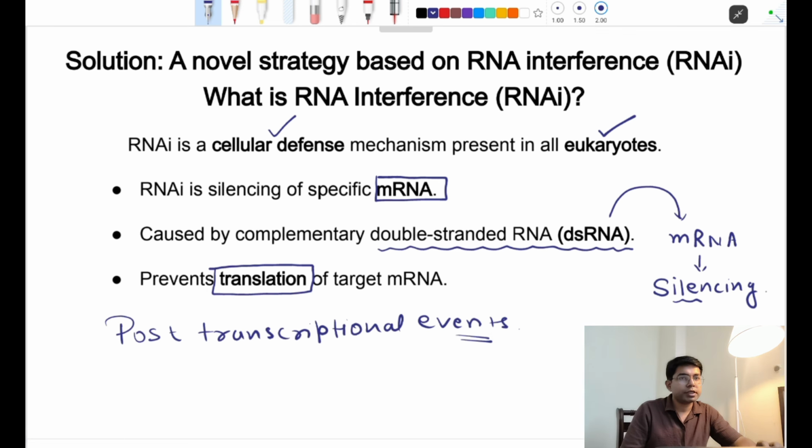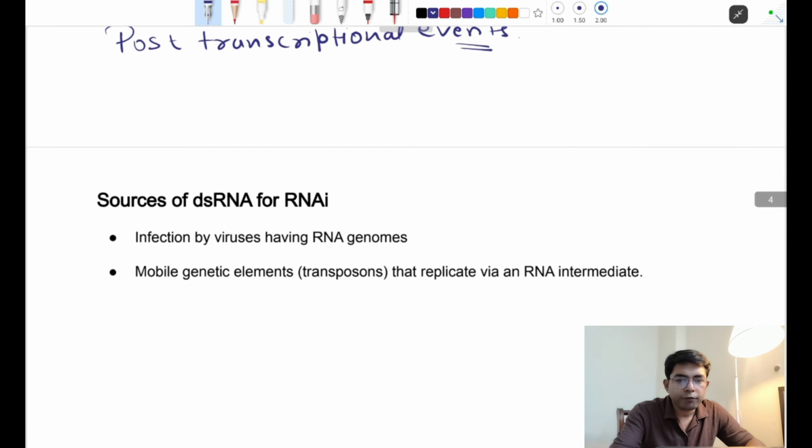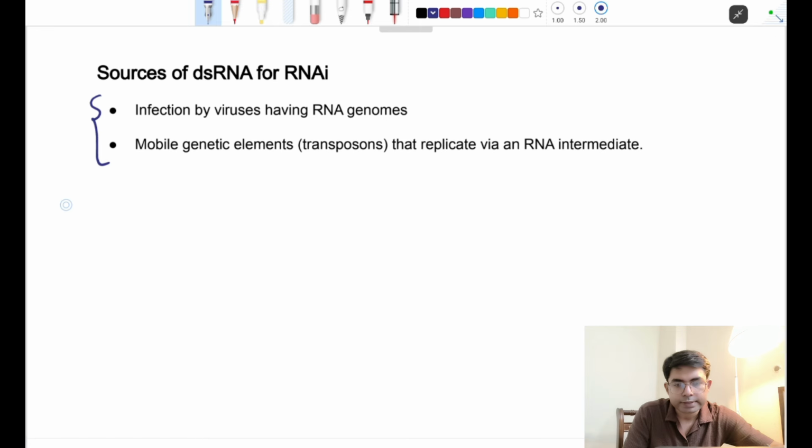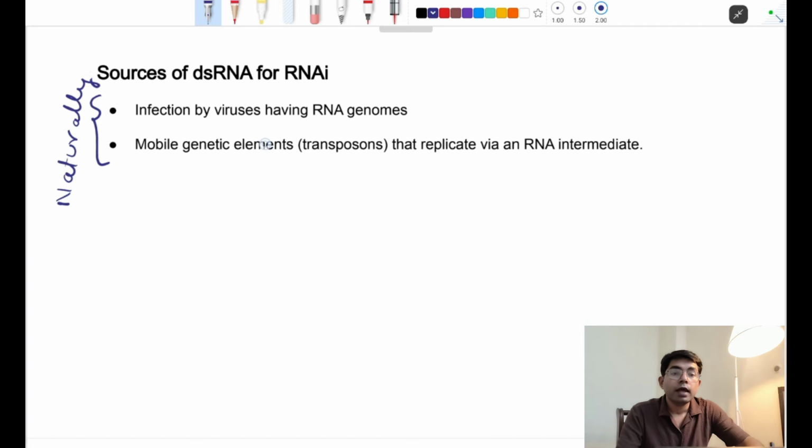So all these points you have to remember simply. Now the question comes, how is this double-stranded RNA formed and how will it target mRNA? Let's see that one by one. Double-stranded RNA can be formed naturally. How is it formed naturally? There are certain viruses with an RNA genome.